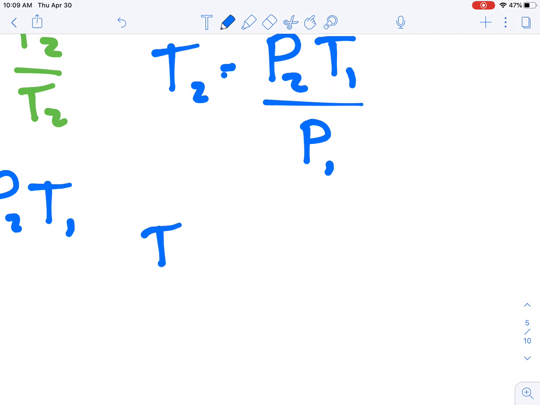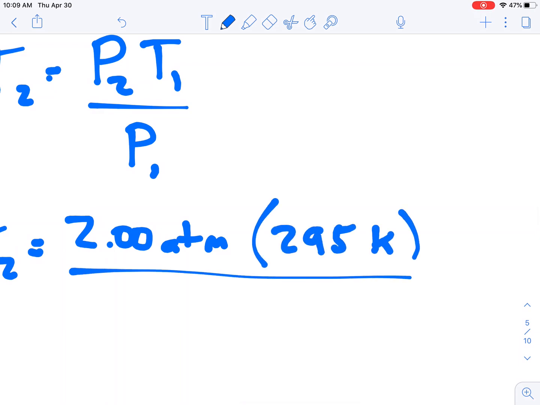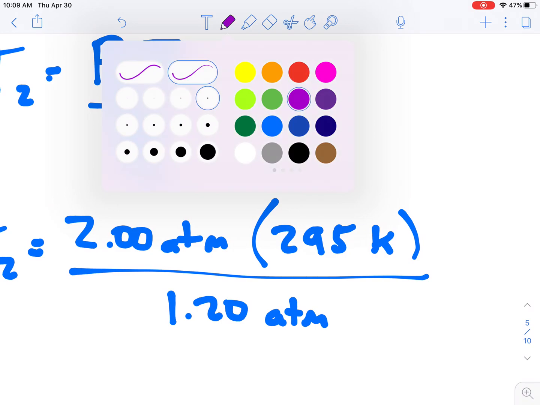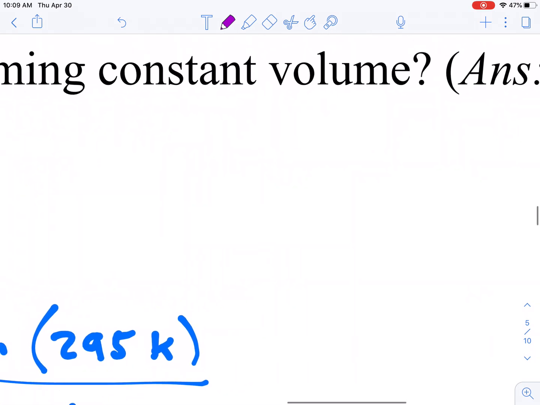Regardless, in order to solve for T2, you need to plug everything in. Your final pressure is 2.00 atm. Your initial temperature was 295 Kelvin. Your initial pressure was 1.20 atm. Your atm will cancel. We're left with a Kelvin temperature. Notice 3 sig figs, 3 sig figs, 3 sig figs.